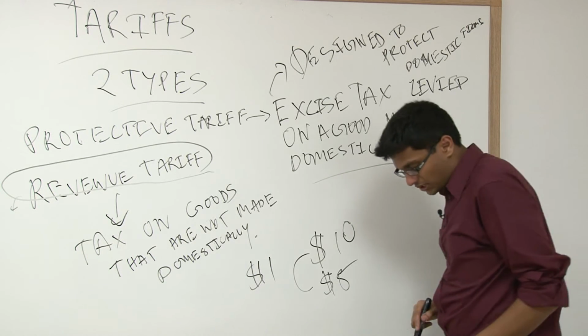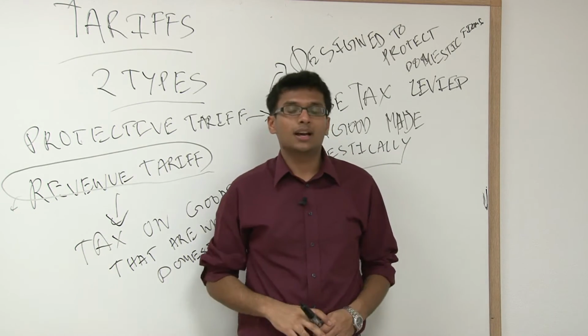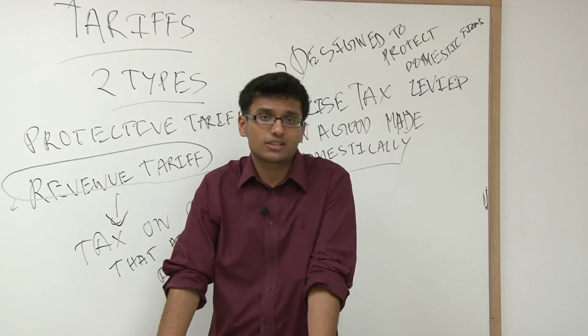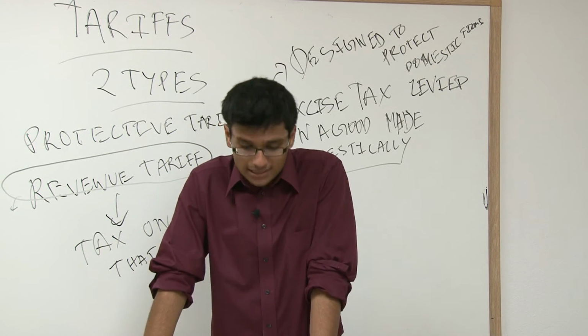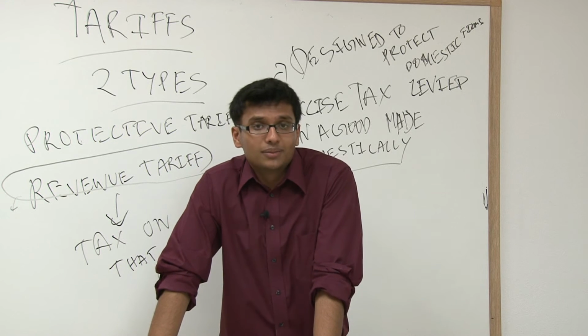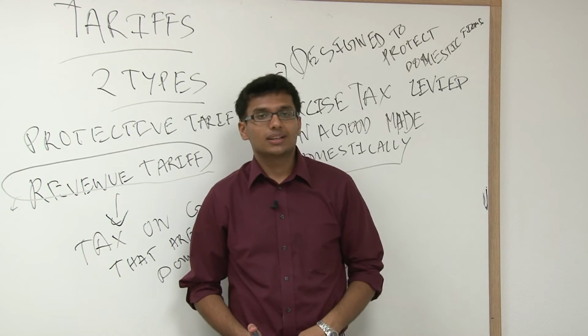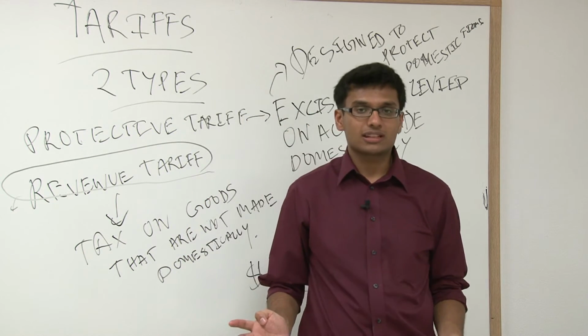So let's give you guys an example. I'm sure a lot of you in the world use Texas Instruments as a calculator. For those of you in the US, back in the day when we went to school, we'd use a TI-83 Plus, and we all use Texas Instruments, right?